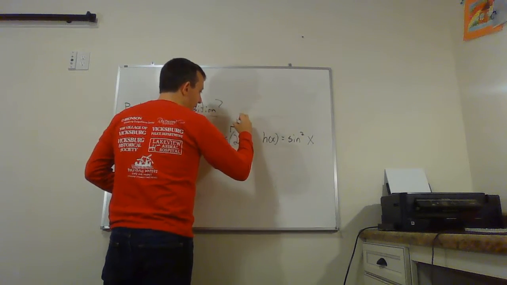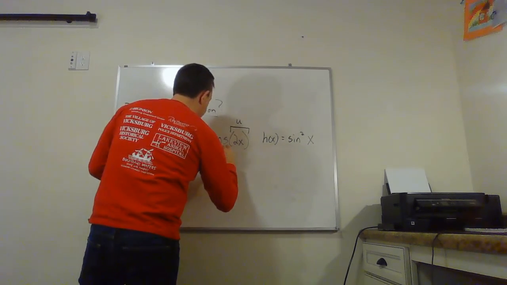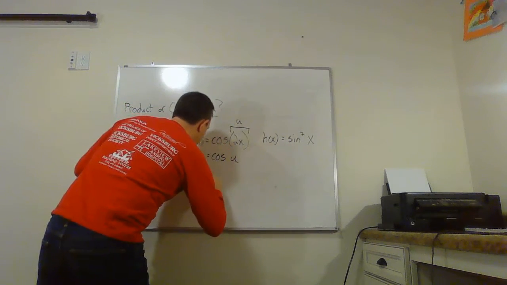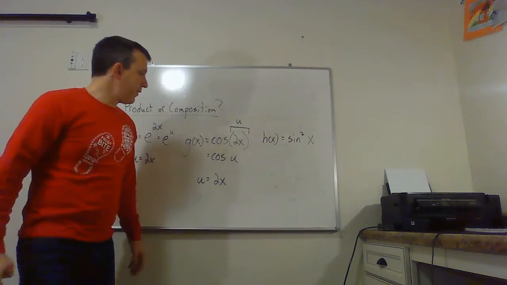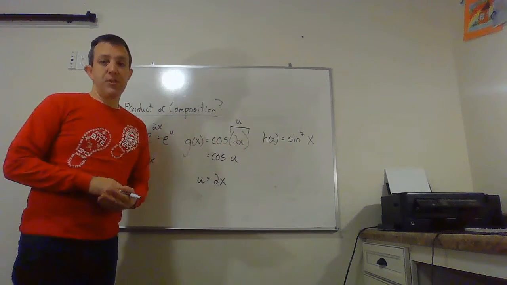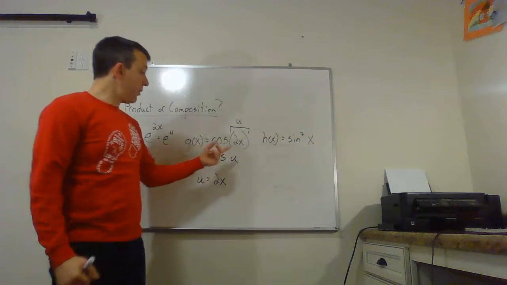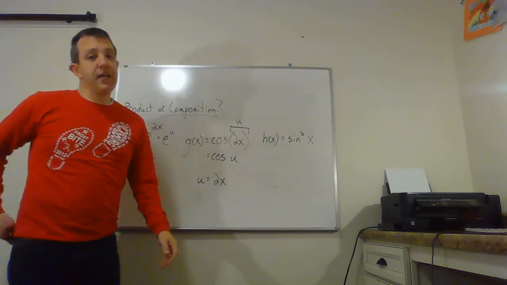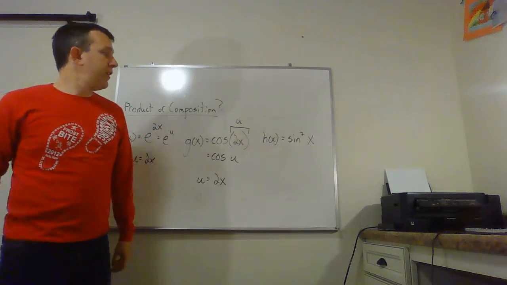And so again, if I call that my u, I could write this as cosine of u, where u is 2x. And so that's another composition function because we have a piece where we can make that substitution inside of it, but there's no product here. The only multiplication is the 2 times x, and that's stuck inside of our cosine.